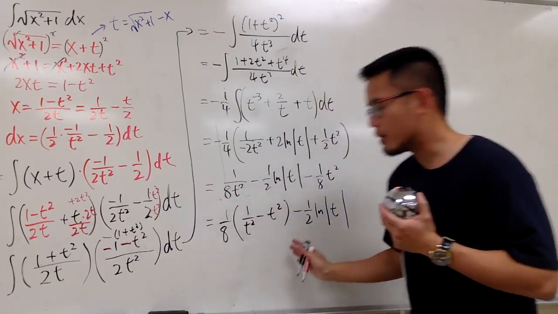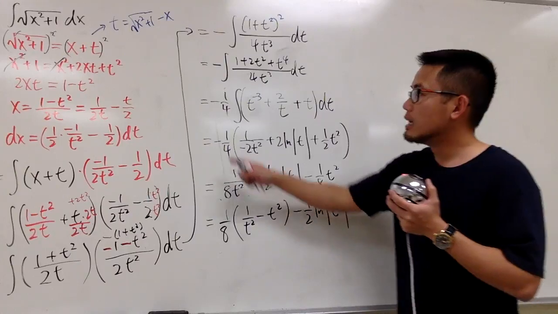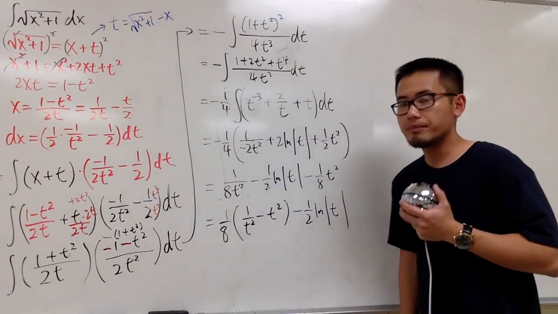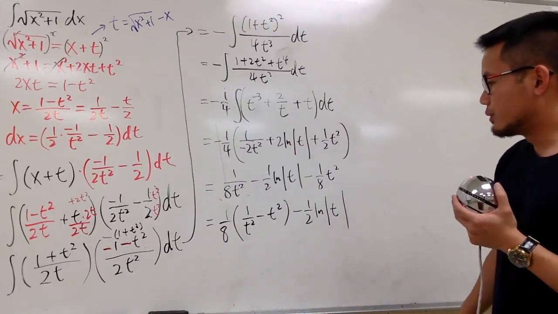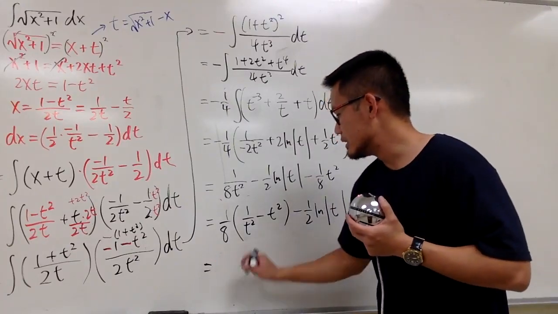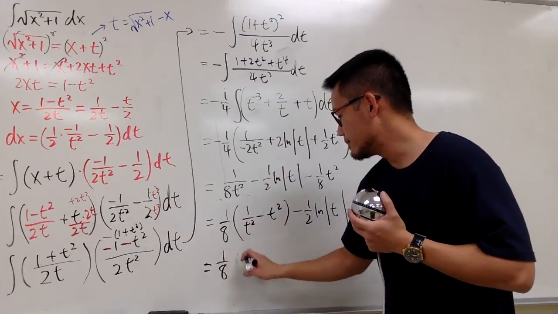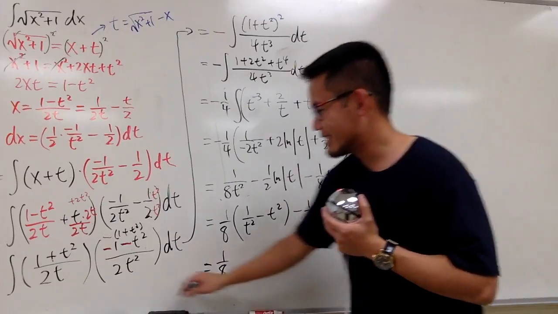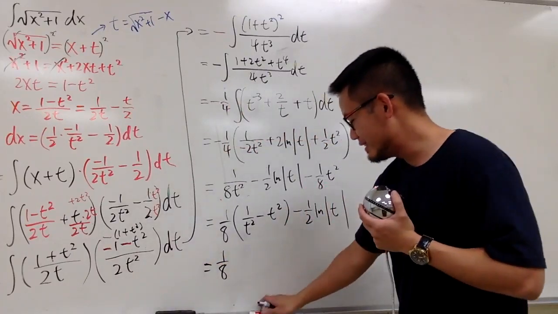At this point here, I will plug in this expression in terms of x for the t. To do so, this is going to be 1 over 8, and let me just do it on the side for you guys. I think this way it's easier.